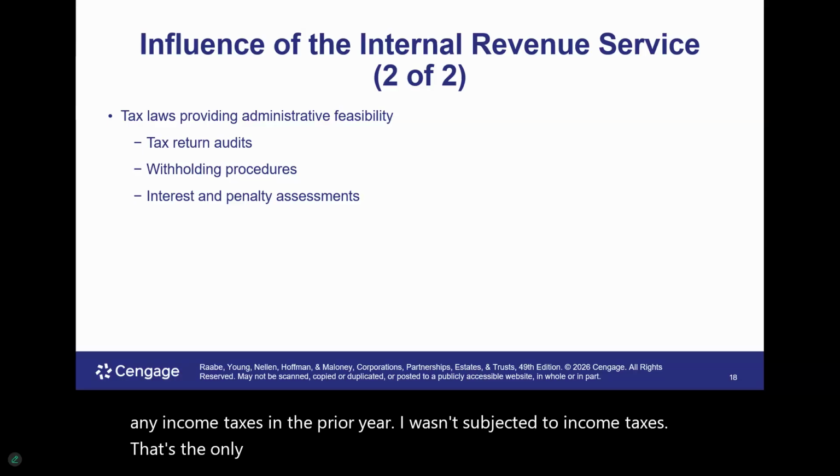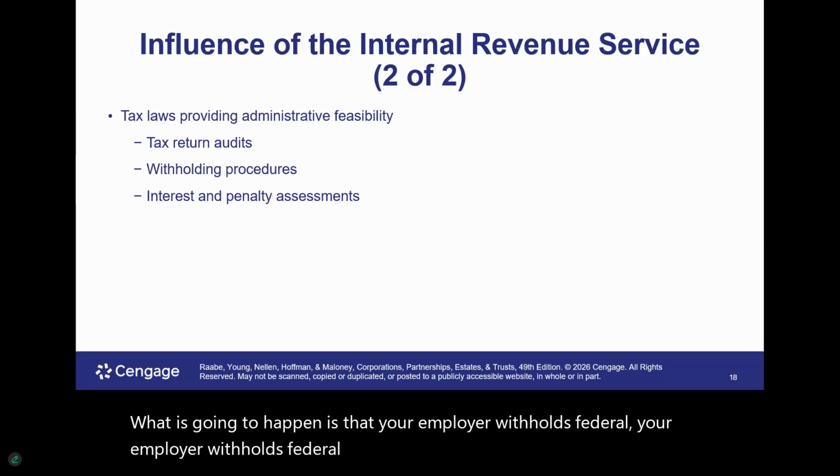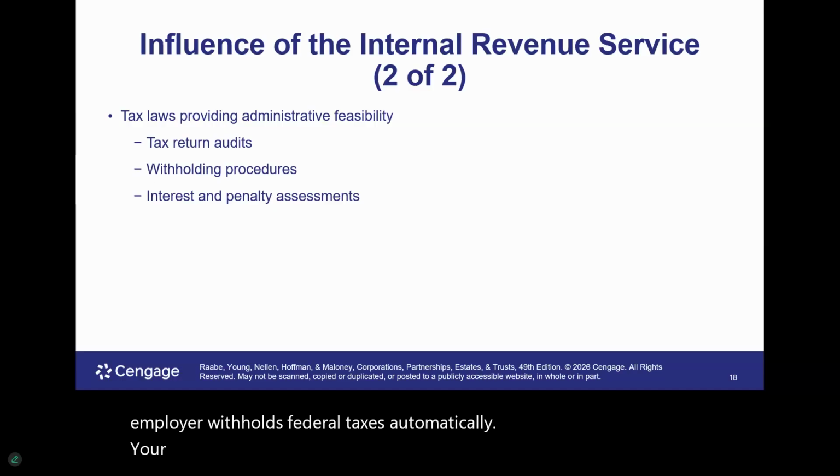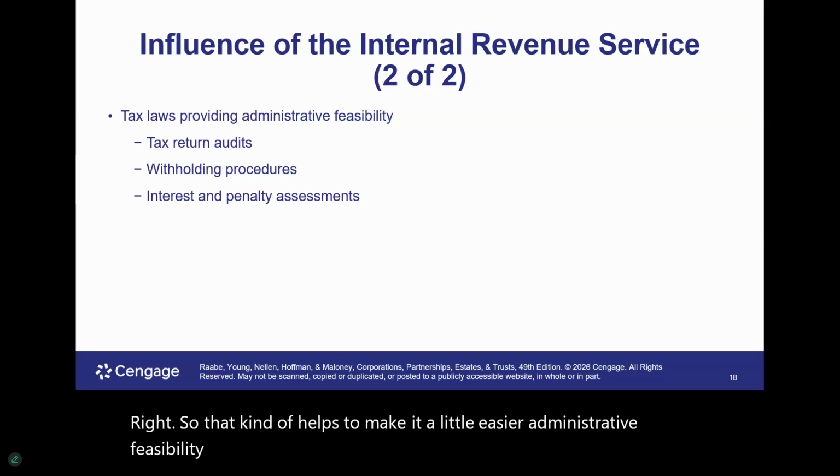Other than that, when you get that job, your employer withholds federal taxes automatically from your job, right? So that helps make it a little easier, the administrative feasibility for the IRS in order to collect revenue.